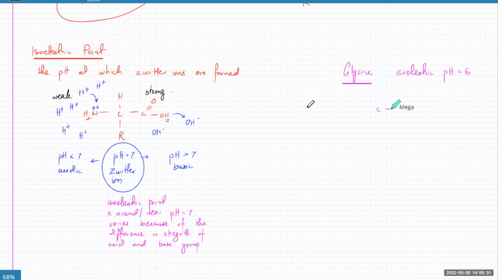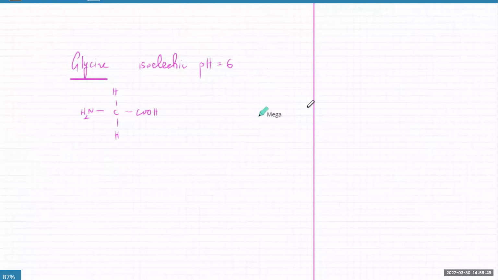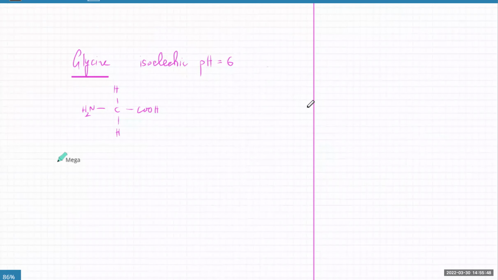Glycine is this amino acid. It's got carboxylic acid and NH2 on one side, and R group जो है ना उसका, I think that's H. पता नहीं, correct me if I'm wrong, but I think glycine is H. अच्छा, so he would say कि the question would state, what is, draw glycine at pH 6.5.